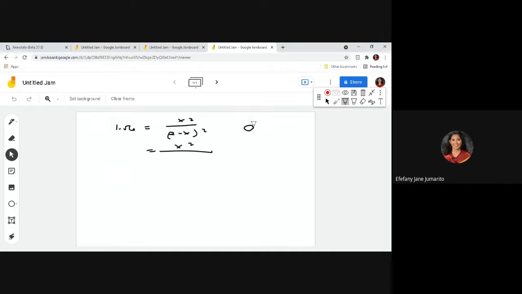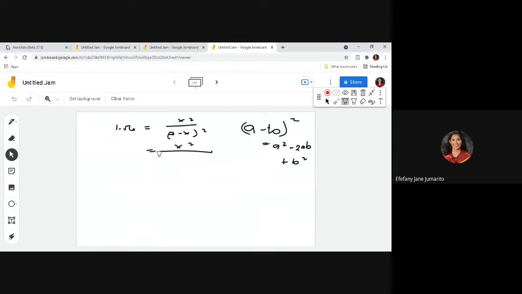Now, in math class, if you have A minus B and you square that, when you simplify, that is equal to A squared minus 2AB plus B squared. Let's recall that from our math class. Minus 2AB plus B squared.